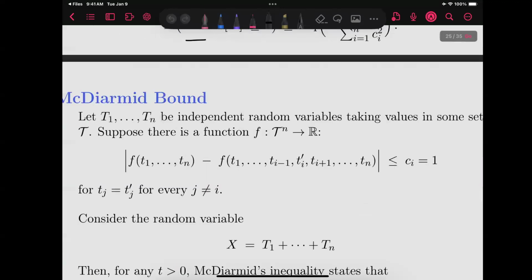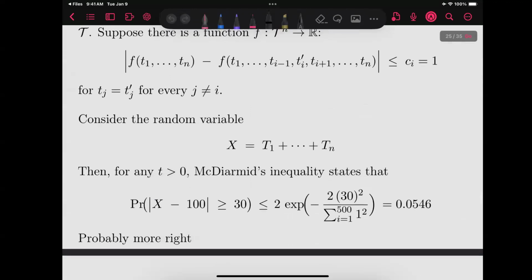If I plug the numbers in, we get a result of 0.05, so the bound is much smaller than the 75% that we stated before. That's why this concentration inequality is much more effective compared to Markov or Chebyshev.